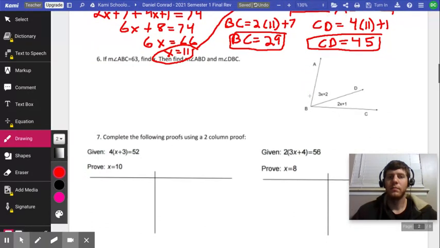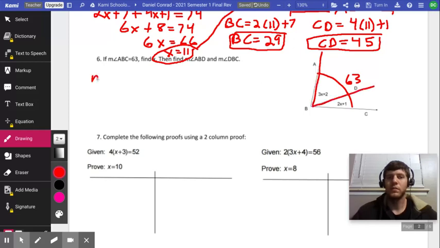Okay, for this one here, we know the measure of ABC, so the whole thing here is going to be 63. We want to find the measure of angle ABD and the measure of angle DBC. Okay. So we can look at the first angle here. So the first angle here is ABD.